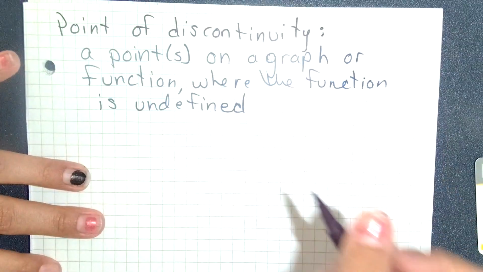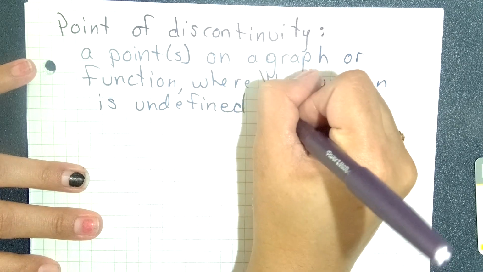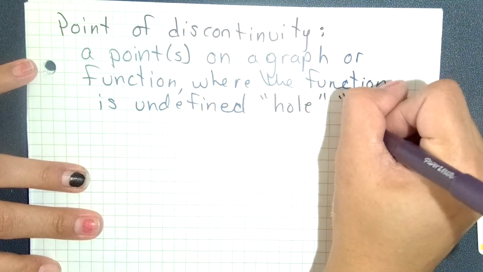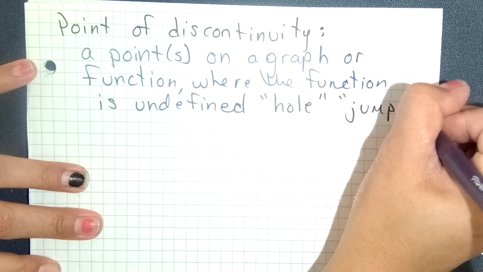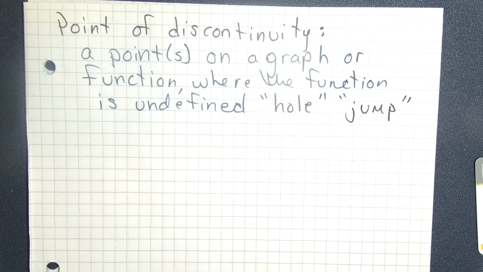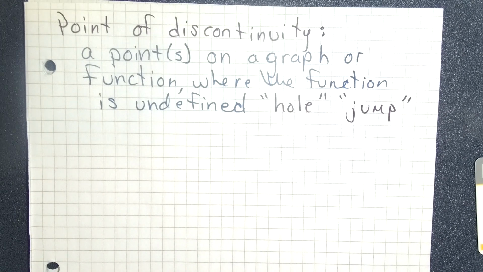This could mean that there is a hole there or a jump. That's a hole or jump, at least for sake of limits. I'll explain what that looks like when we get to the examples.